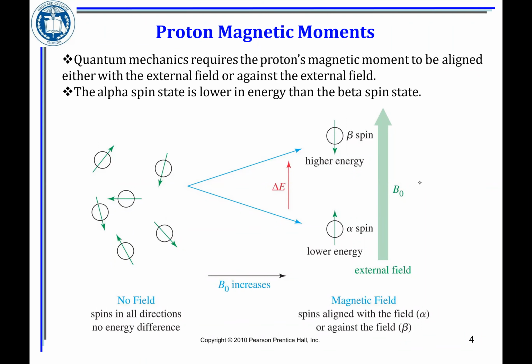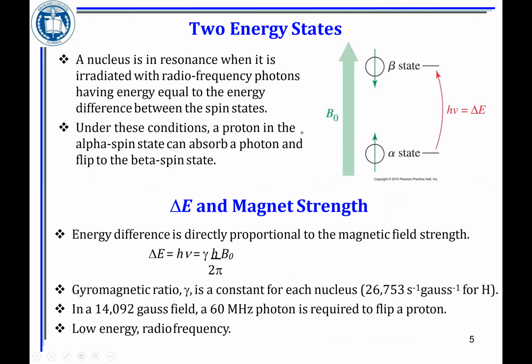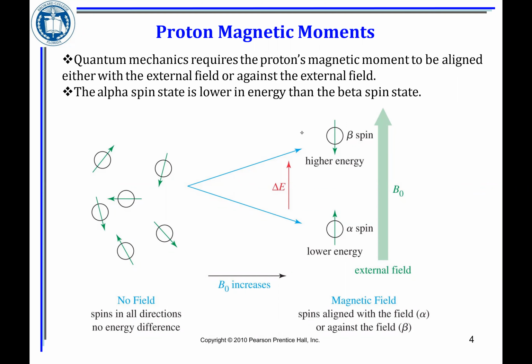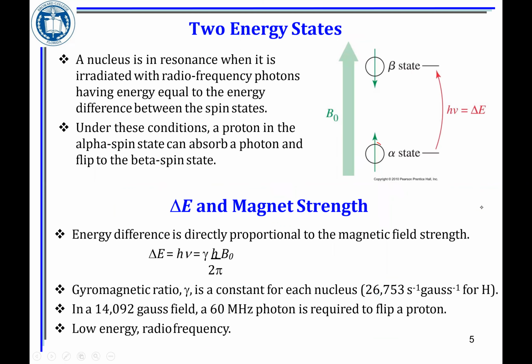We are looking at the change in energy between the beta state and the alpha state. So that amount of energy is required to go from alpha to beta, or from beta to alpha.